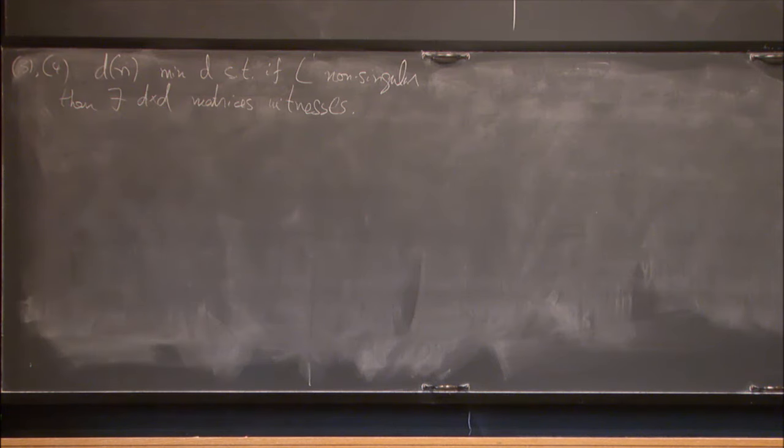But at this point, I want to note that the connection to invariant theory will come from the fact that this condition, singular, does not change if we pre and post multiply our matrices by non-singular matrices. So let me write it down.